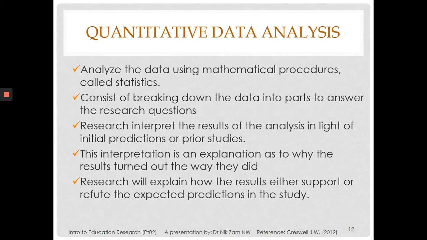So when you do the data analysis, you are actually comparing back to your research question or hypothesis. You are looking for the answer, whether it supports or refutes what you expected to have come out from the study.